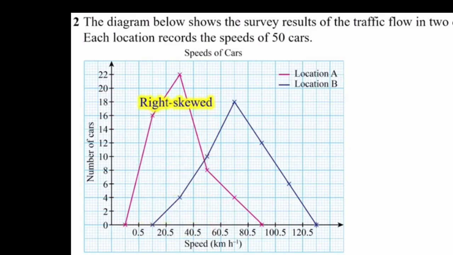So for the pink graph, we say it is actually right skew. When it is right skew, it means that it will decrease to the right, isn't it? And then for location B, it looks like a bell shape. It's quite symmetrical, right? I mean, those with lower and higher speeds are fewer, and the majority of the cars have a mean speed in the middle.